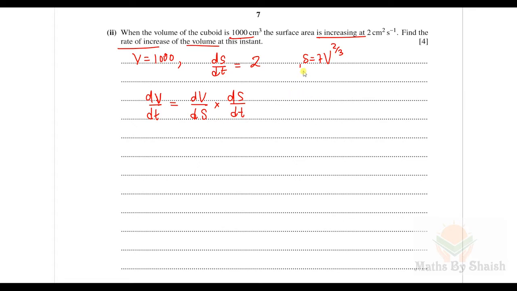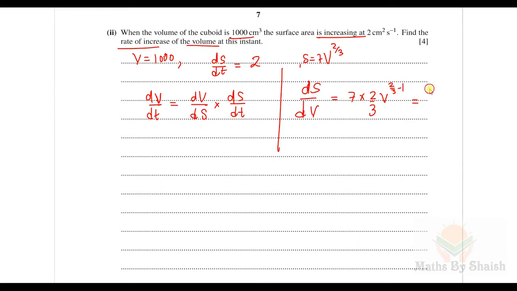From here we can see what dS over dt is. So we are going to find dS over dV and take the reciprocal of that. It is going to be 7, the power comes in the multiplication and we reduce the power by 1, that is 2 by 3 minus 1, that is minus 1 by 3.